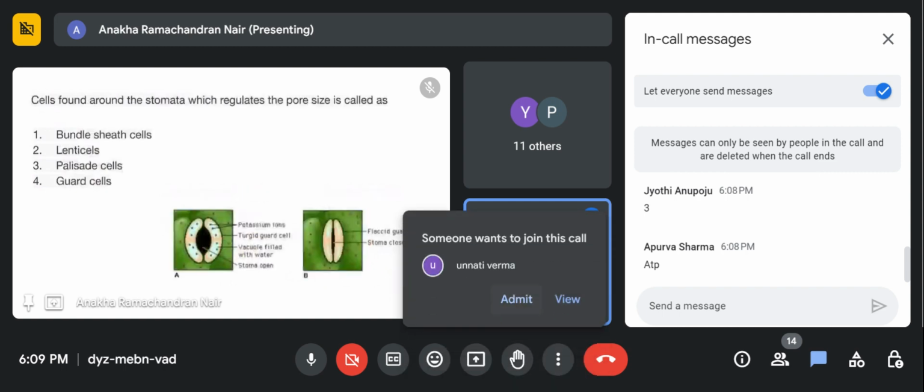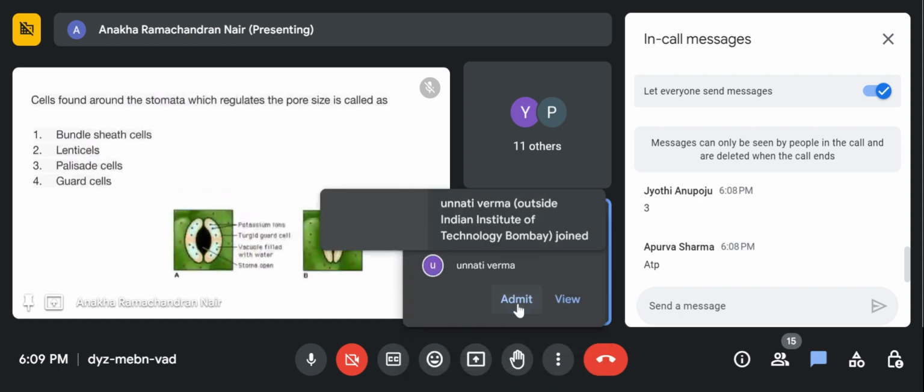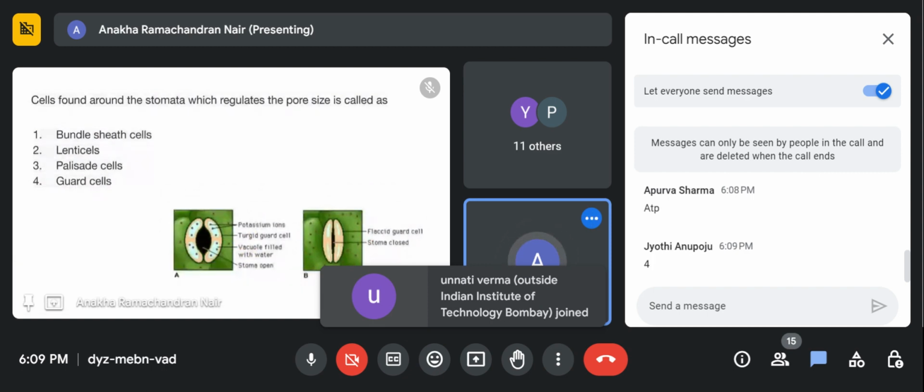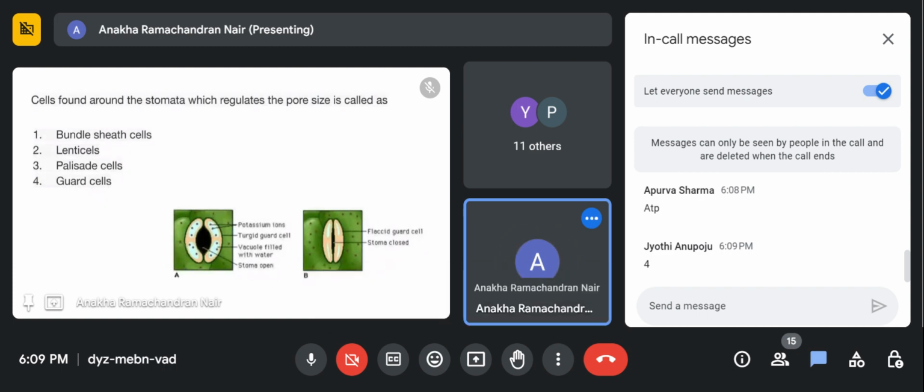So cells found around the stomata which regulate the pore size are called: bundle sheath cells, lenticels, palisade cells, guard cells. So yes, the answer is guard cells. What happens is when the stomata has to be opened, the guard cells take in a lot of potassium ions within themselves.